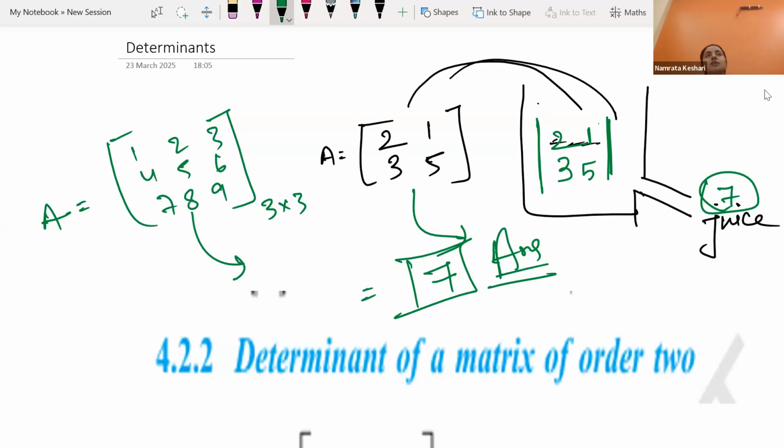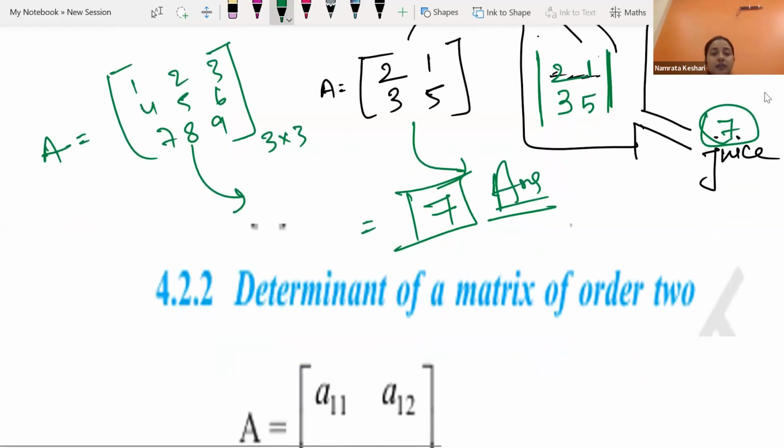Till now you have just learned how to add, subtract, do scalar multiplication, and multiply two matrices. But here we will be finding a proper value, which from now onward we are going to call the determinant.